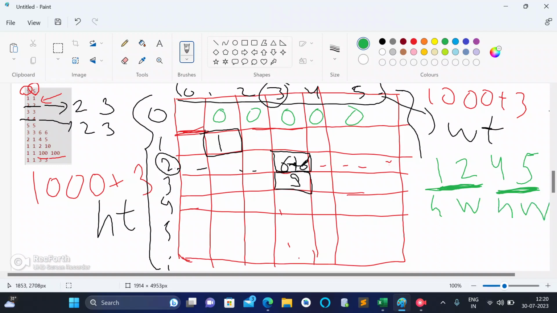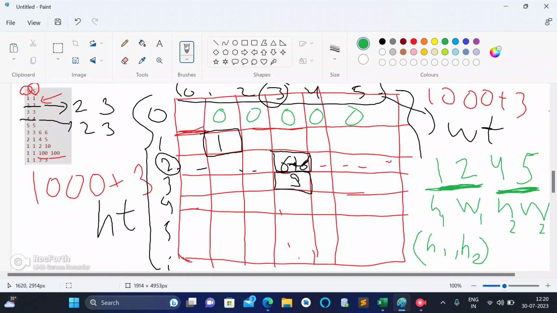So what I can say is this is height 1, width 1, height 2, width 2. Don't you think from the query I can say that the rectangle I am trying to find must have a height between height 1 and height 2? Why am I saying between? So that it will not touch the boundary.